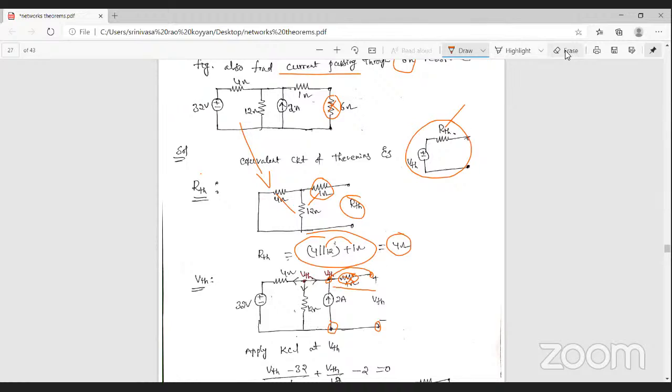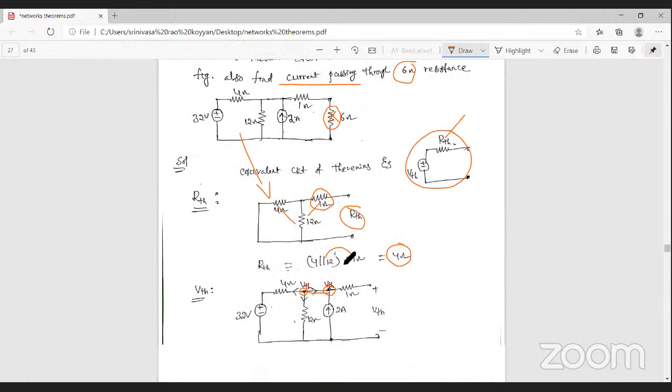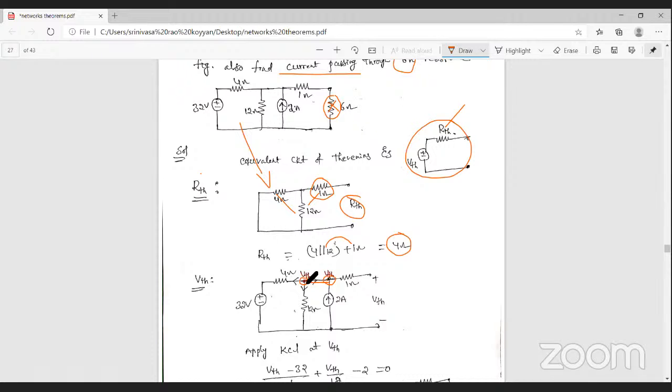Okay. So what is the voltage here? That is the Thevenin's voltage across this node. Here this node and this node are the same. Why? Because there is no element connected between these two nodes.